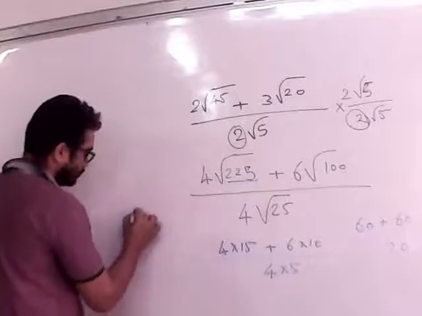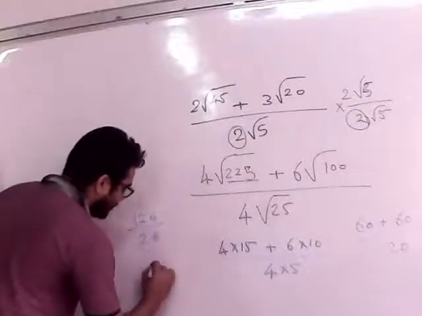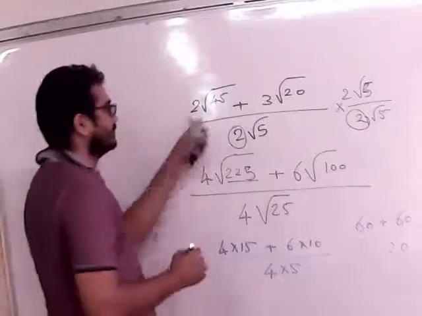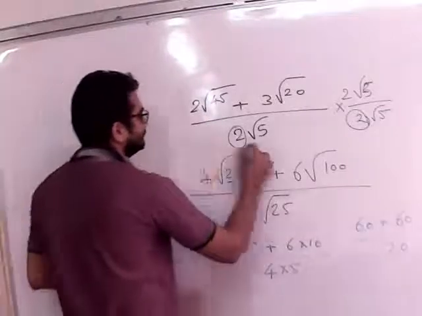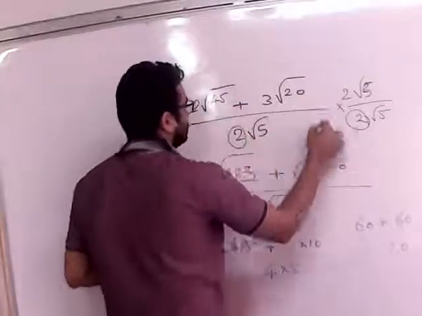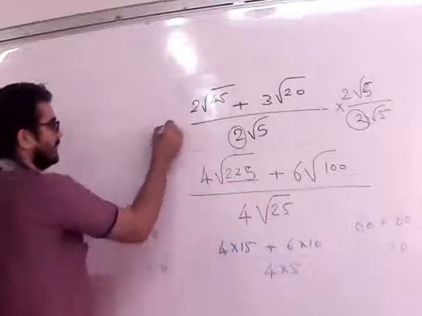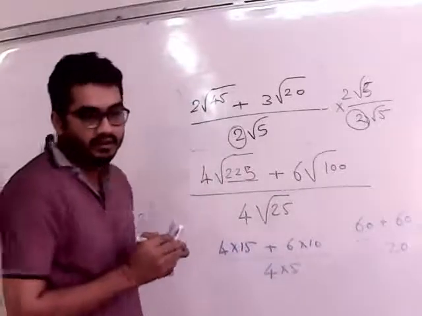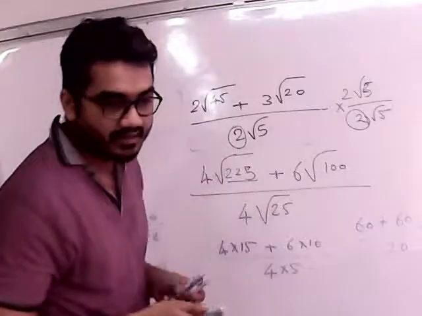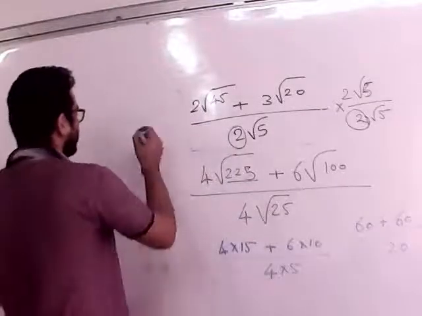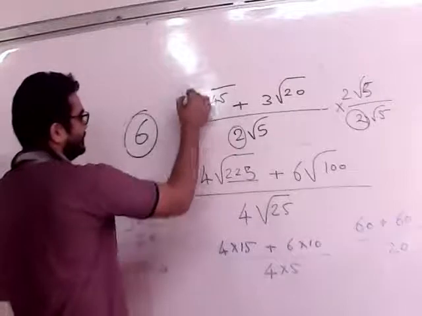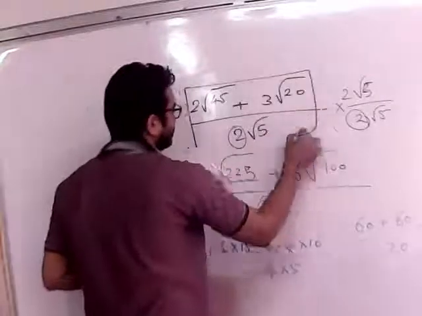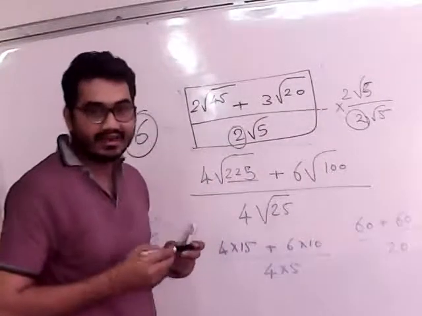Zeros cancel. 2 sixes are 12. So the ultimate answer is 6. Means the value of this number is 6. Now 6 is not an irrational number. 6 is a rational number. So definitely we can say this given number is a rational number, not an irrational number.